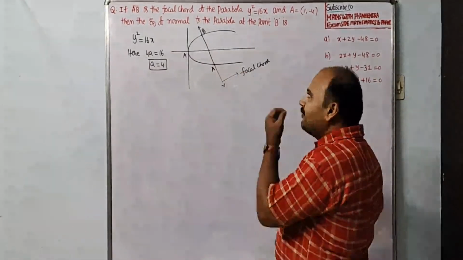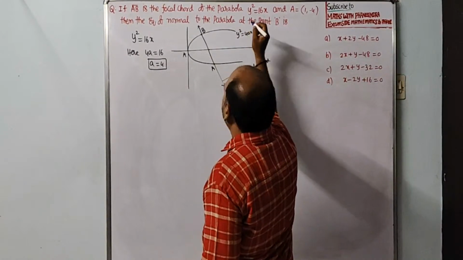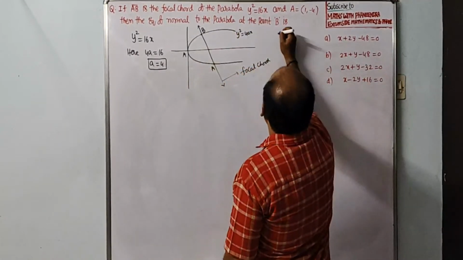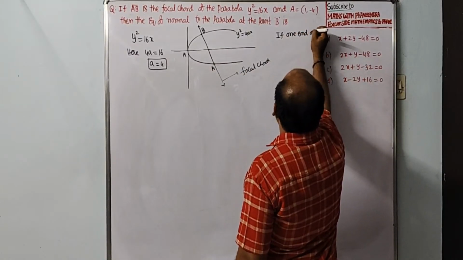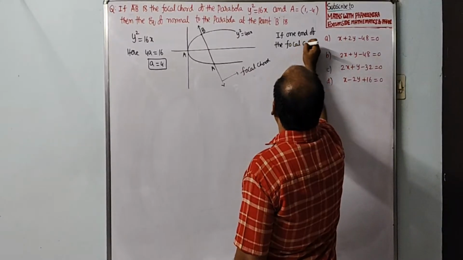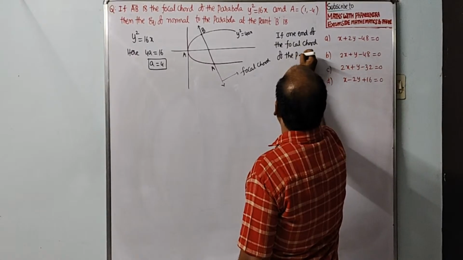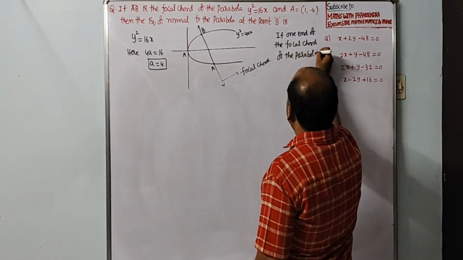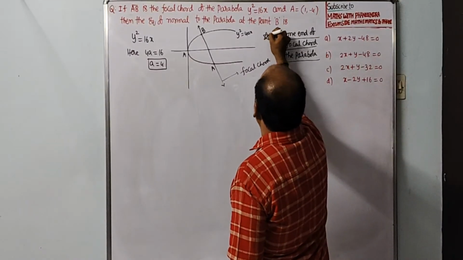You are already aware of one of the important properties for the parabola y square is equal to 4x, regarding the focal chord. If one end of the focal chord of the parabola, whatever I am writing here, is an important property, a very important property.